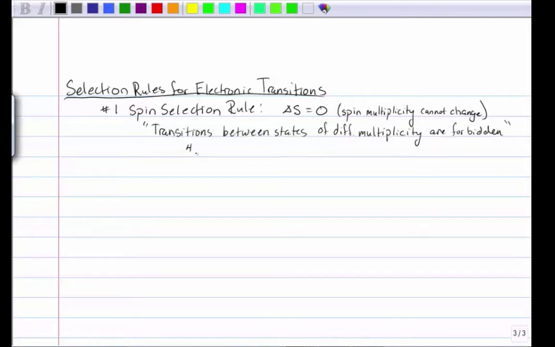So if you have a 4A ground state, you could do a transition to a 4T. This is okay, because the 4 is your multiplicity, it does not change in that transition. But if you start from a 4A, you cannot go to a 2T. So this would be a forbidden transition because the spin multiplicity changes.